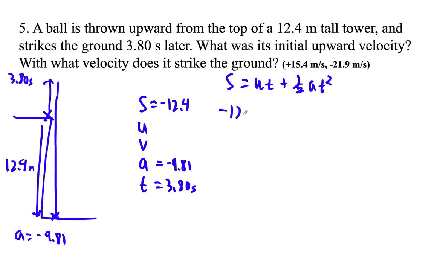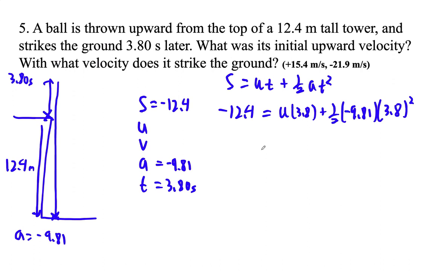So negative 12.4 equals u times 3.8 plus 1/2 times negative 9.81 times 3.8 squared. You have to be careful when you do the math here.